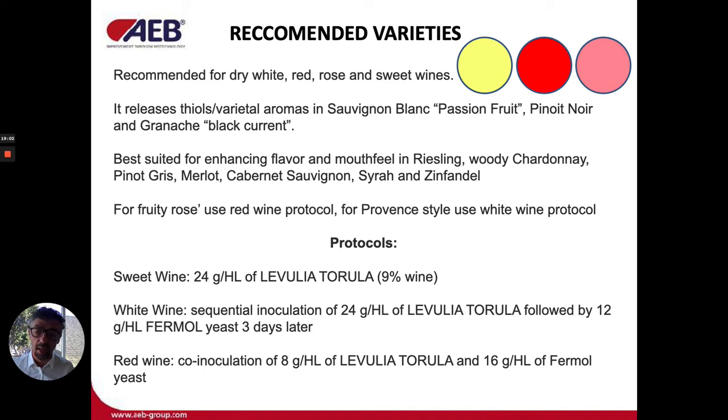So add the Levulia torula, and then after 3 days, add another Fermol yeast, so a Saccharomyces cerevisiae. In red wine, you can actually co-inoculate. You're going to have a small effect of the Torulaspora, and then the other Fermol yeast will take over.